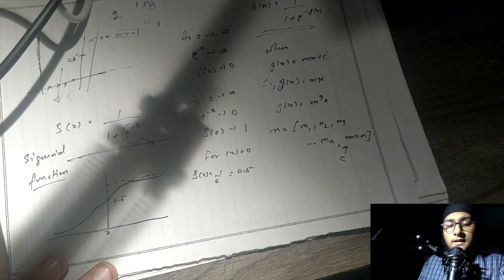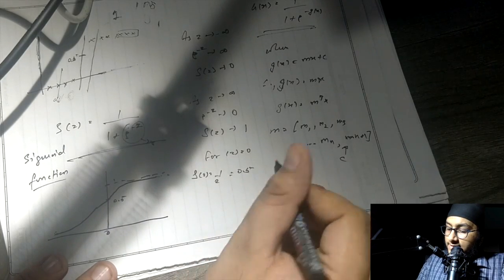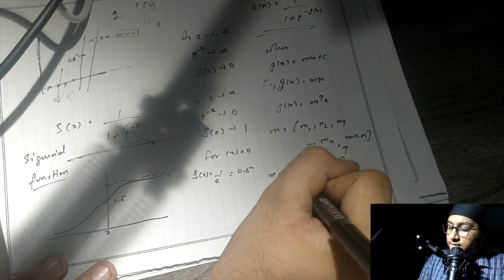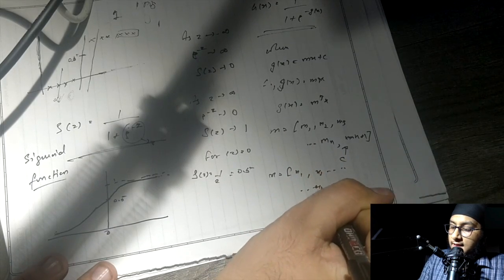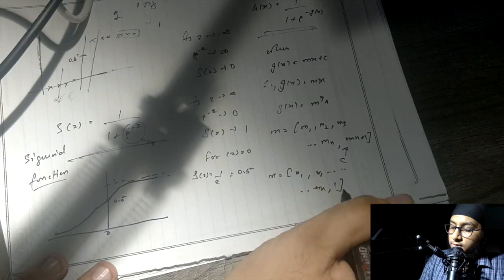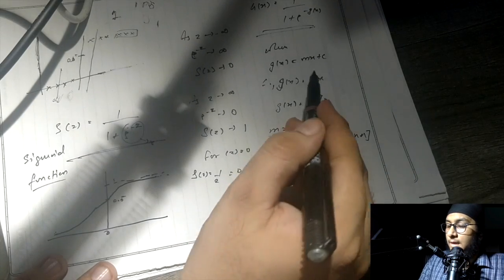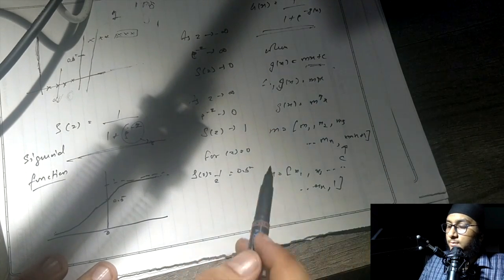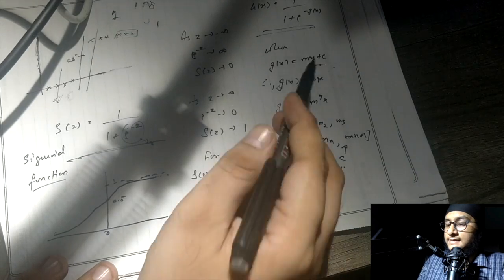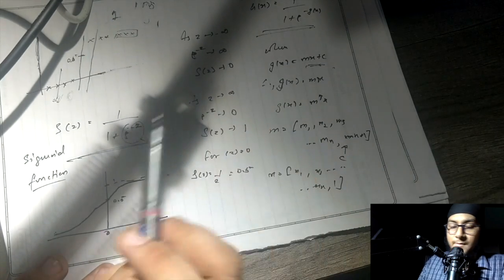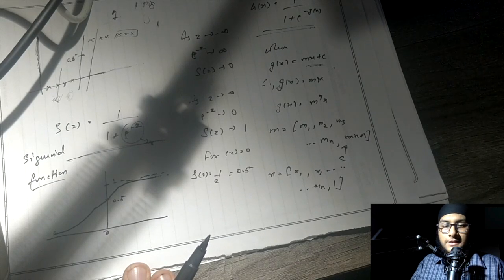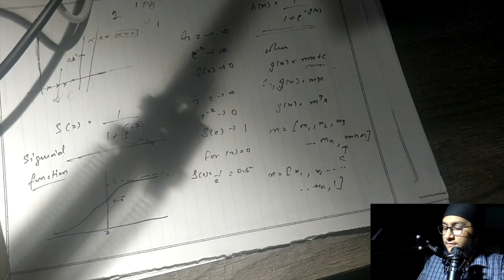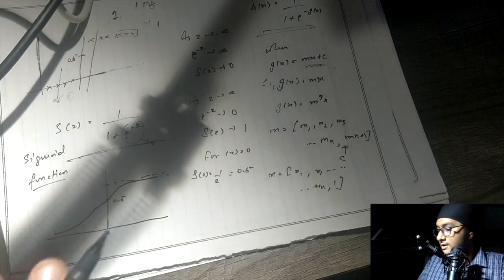And x is the number of features you have, so x1, x2 till xn, and for the last value we have 1. On multiplying, you get this mx plus c form. When you multiply m transpose with x, you get this sweet little mx plus c form.